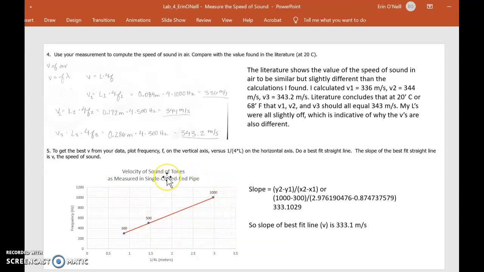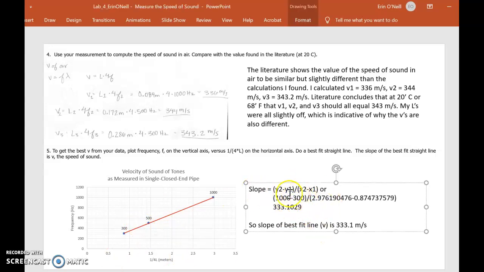Earlier we had talked before class, and I had a negative number. So when I redid it, I got a positive number. I just found the slope by taking these 2 points and dividing change in y over change in x, and my final velocity on average is 333.1 meters a second.